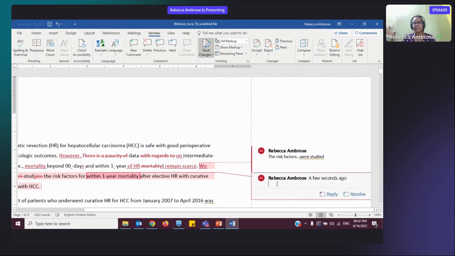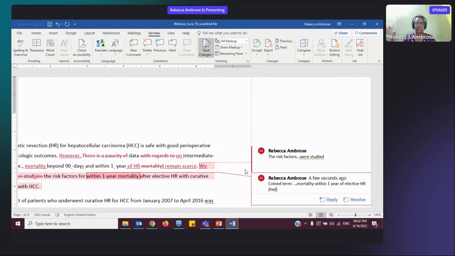So over here, I'll basically be telling them that if this is a coined term, then they could revise this to say something like risk factors for mortality within 1 year of elective HR, and then we can say hereafter referred to as within 1 year mortality. That way, you're defining for the audience what exactly you are referring to by within 1 year mortality.